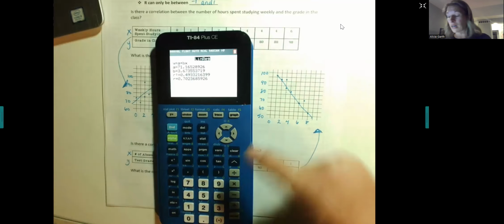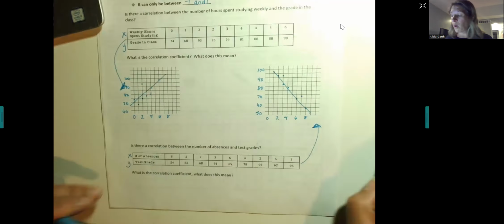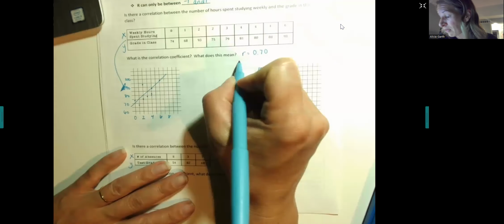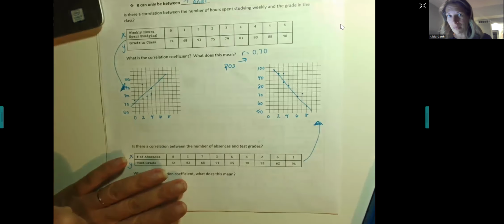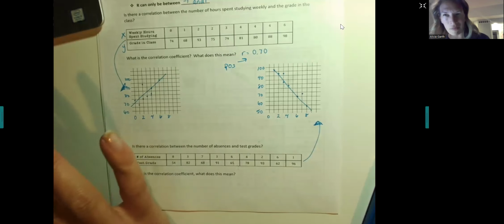And it's giving us our R. What we're looking for is our R value. My R value is equal to 0.70. And so what does that mean? What that means is this is positive. Notice it's a positive number, and it's slightly better than half.